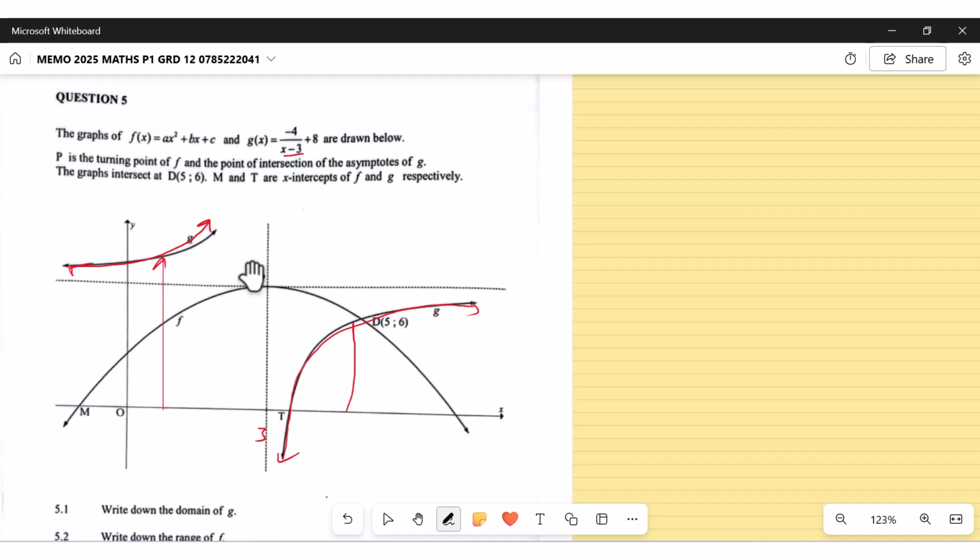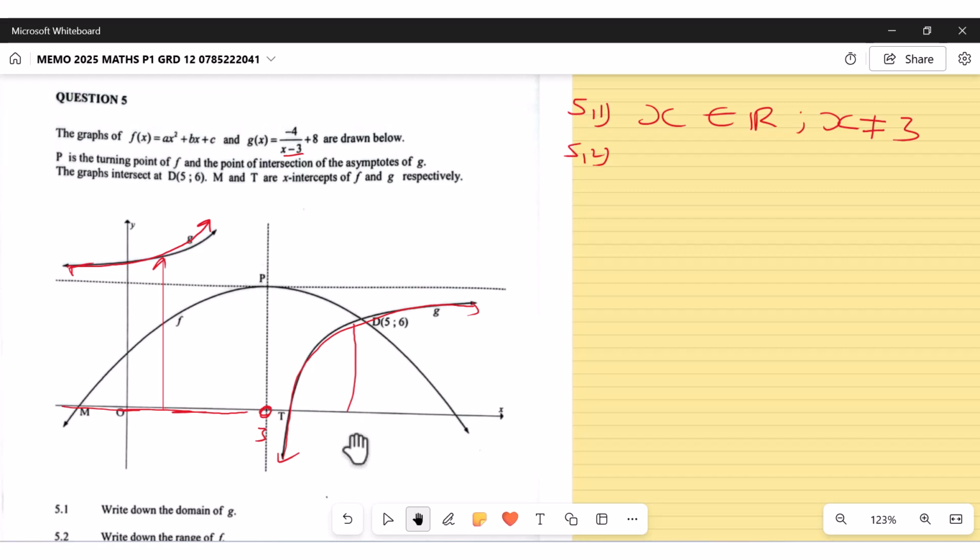All these x values here you can find it except here, because this is a vertical asymptote. So for that matter, our domain for this g, that is 5.1, is x an element of all real numbers except, that is, x not equal to 3. That's our domain here.